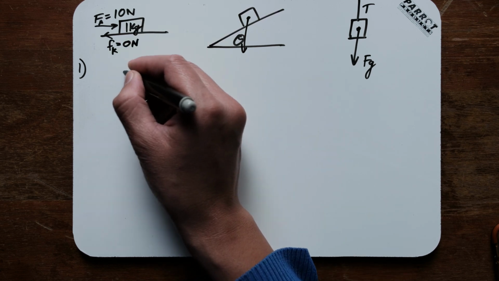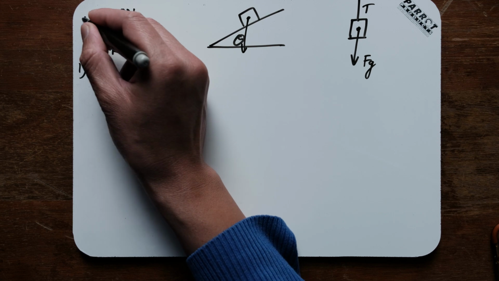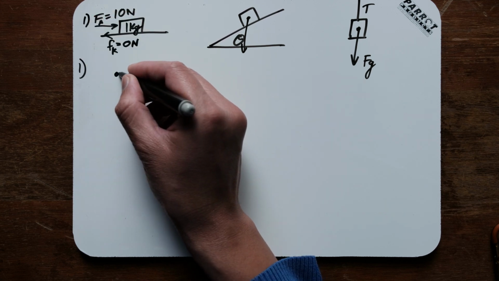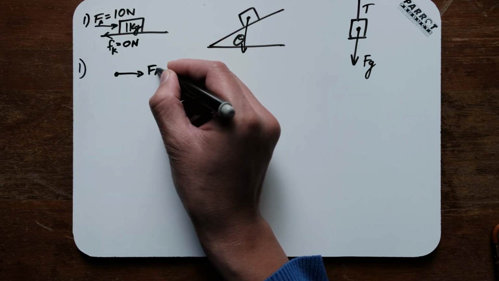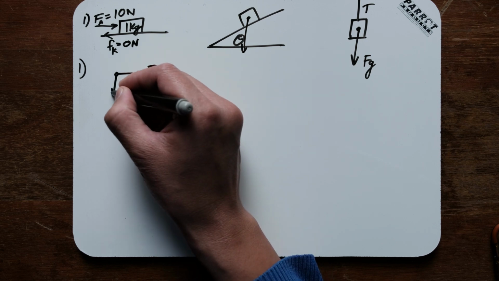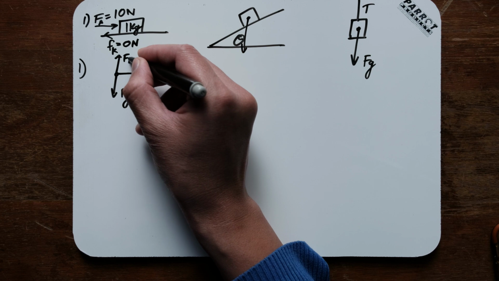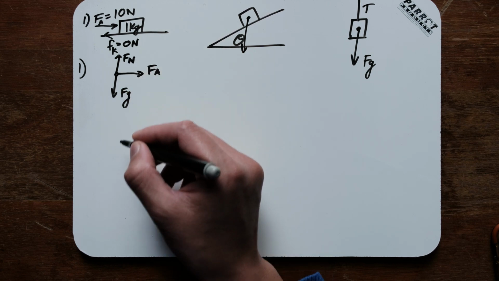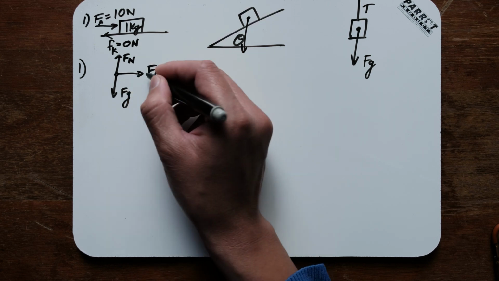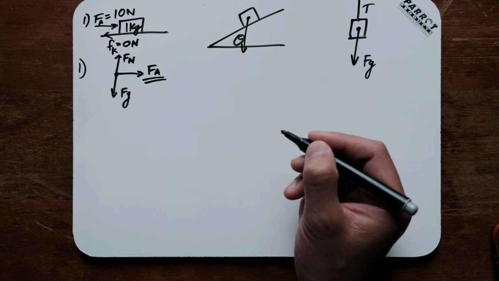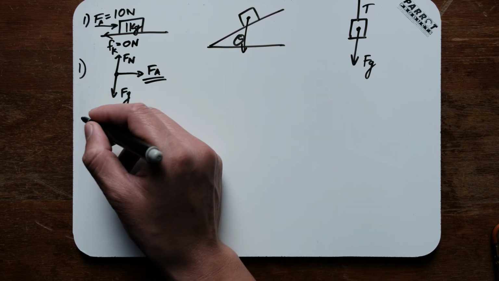So essentially what is going to happen with number 1 is that we only have an applied force in one direction, plus the force of gravity and the normal force. The force of gravity and the normal force will cancel out, so the only force which actually gives us any acceleration is the applied force.